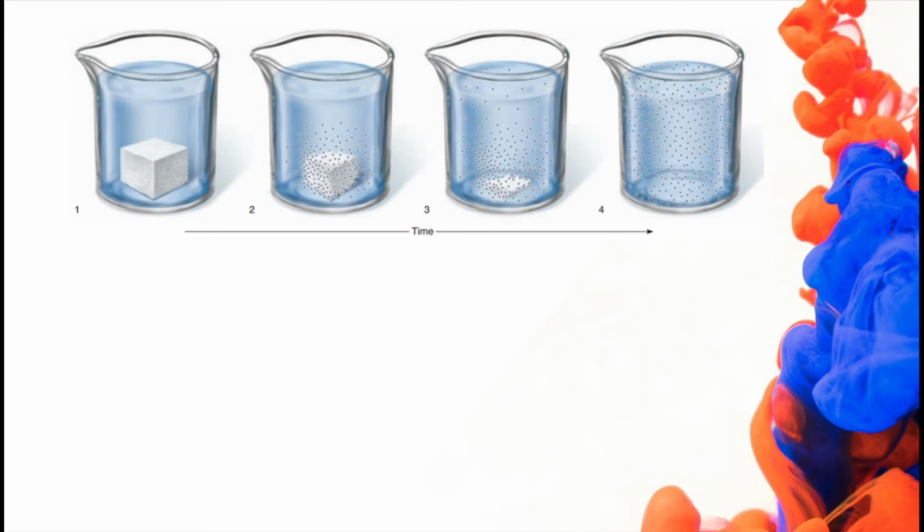So, napapansin niyo yung mga molecules ng sugar cube, dahan-dahan siya na nagsispread even. Okay? So, the diffusion stops based on image number 4. So, bakit siya nagsastop yung diffusion?